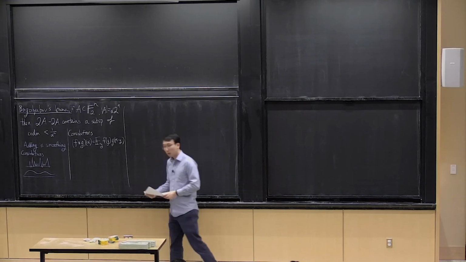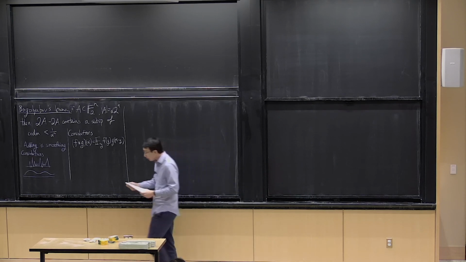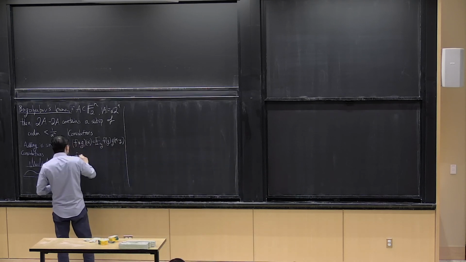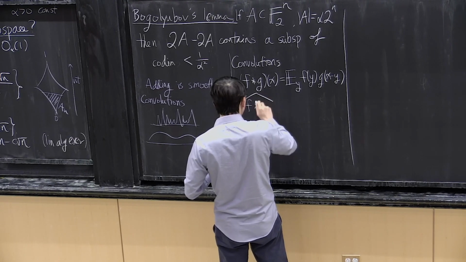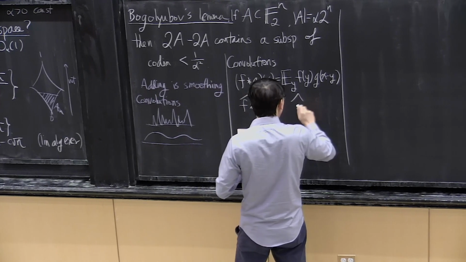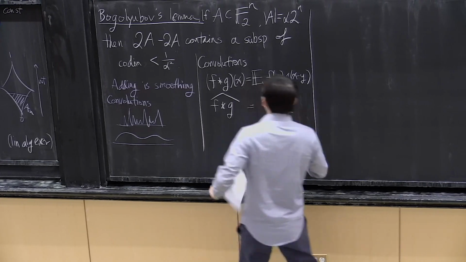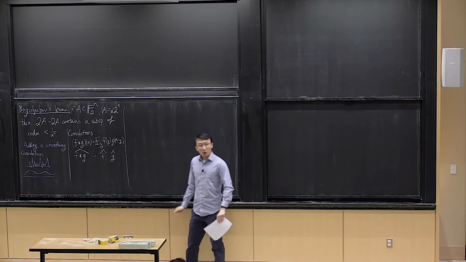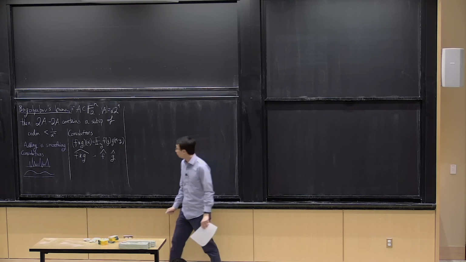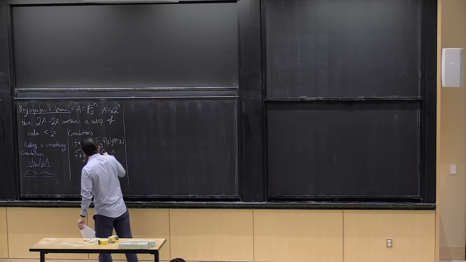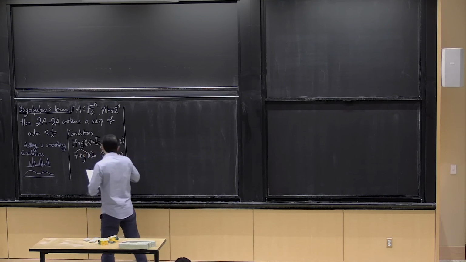Okay, so that's the convolution. And it behaves very well with respect to the Fourier transform. The Fourier transform turns convolutions into multiplications. Okay, so this means pointwise, I have that.